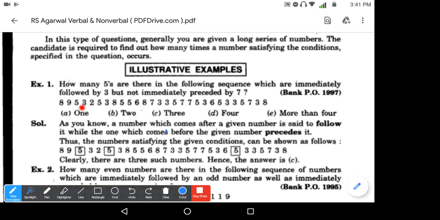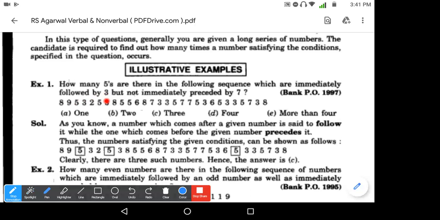First let us understand what the question is. How many fives are there? They're asking how many number 5s there are in this series. You can see these numbers here, a long sequence of numbers. And there is a condition. What is the condition? That it is immediately followed by 3.